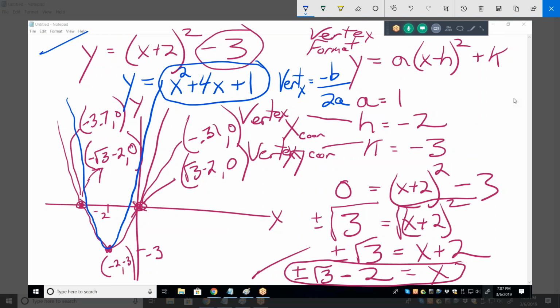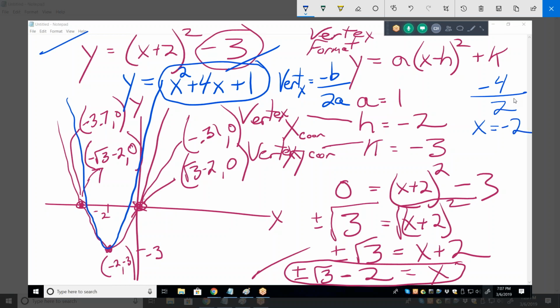If they give you the quadratic in standard format, like my blue, that's standard format. That's not vertex format. I can still figure out the x coordinate of the vertex. Notice that minus b would be minus 4 over 2 times 1. So the x coordinate should be minus 2.